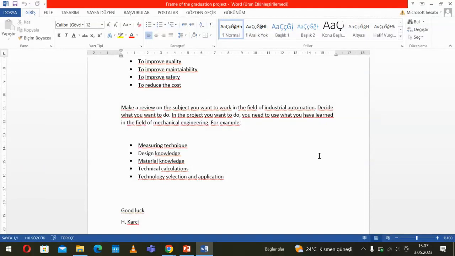How can you solve this problem, how can you create a solution which minimizes the risk? For example, a solution in the aspect of mechanical design or control system, or selection of the products from the industry.